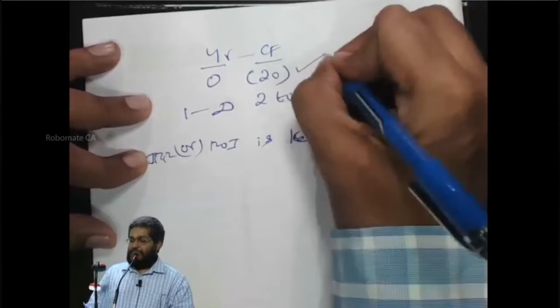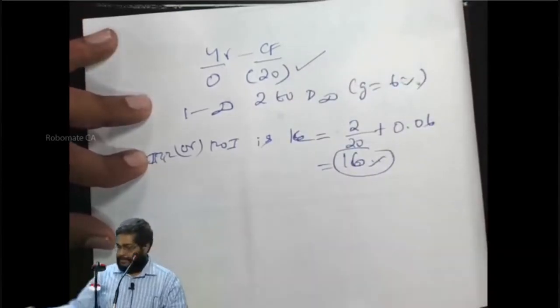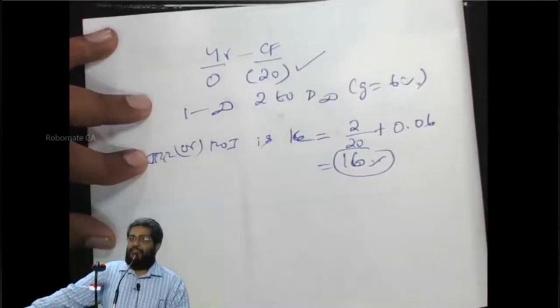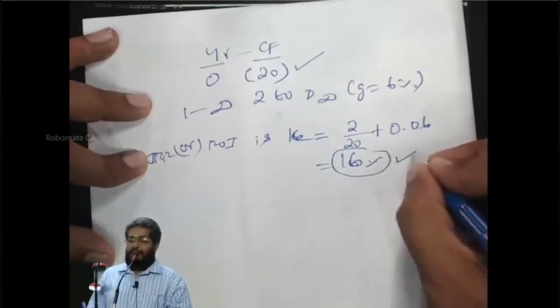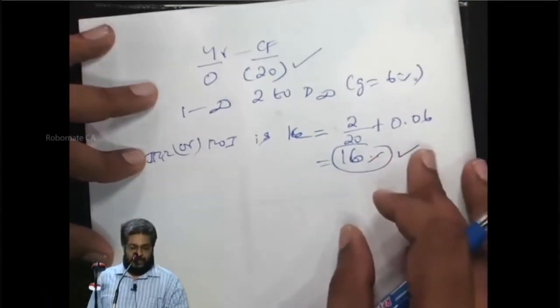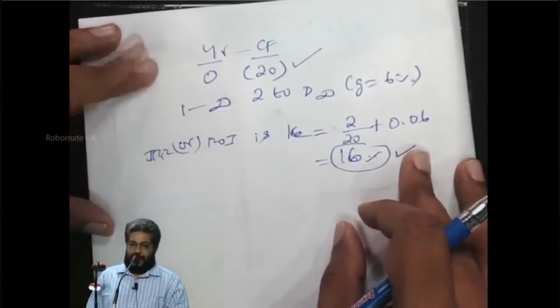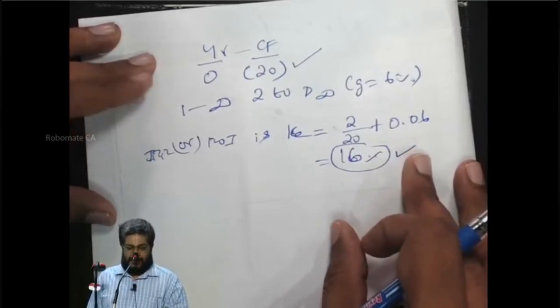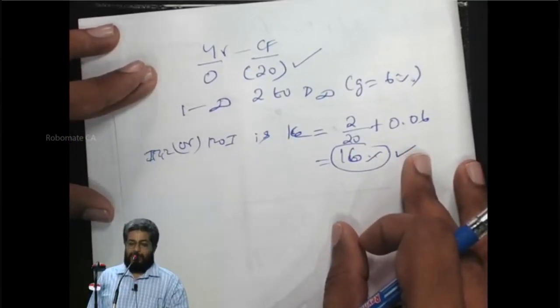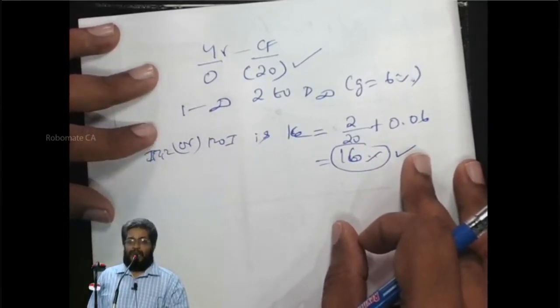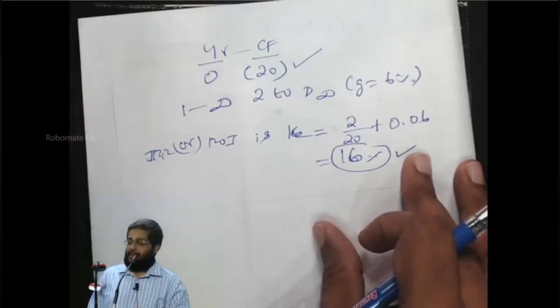When we purchase a share at 20, the expected return is 16%.